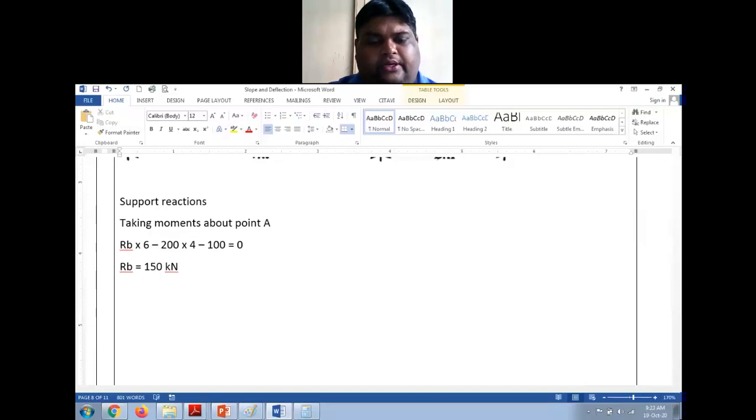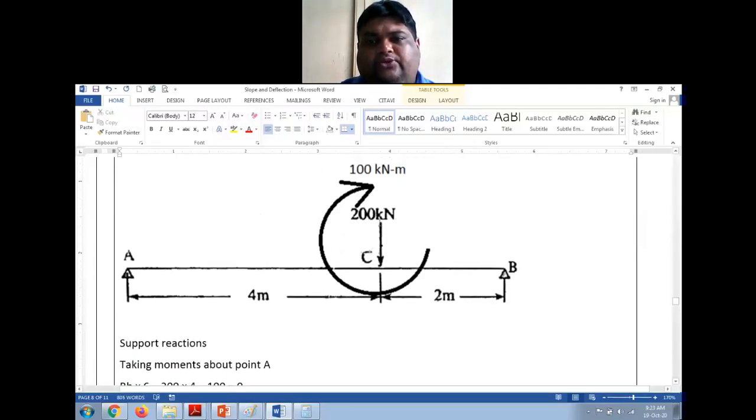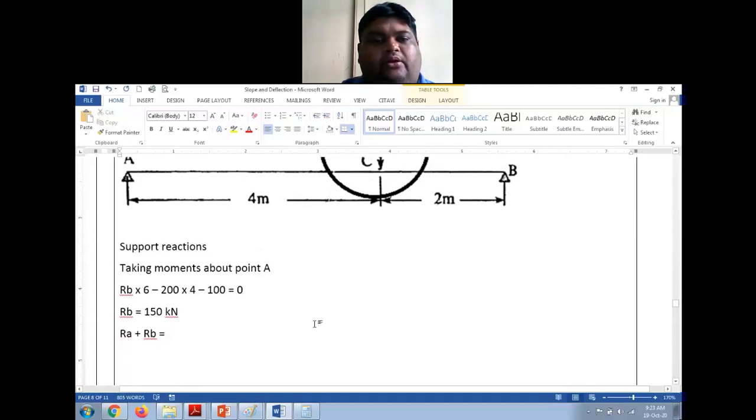And RA plus RB should be equal to what? So these are the upward forces, that should be equal to sum of downward forces. There is only one downward force. In the force calculation, you are not supposed to take the moment of the couple.